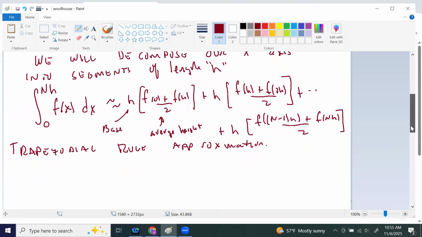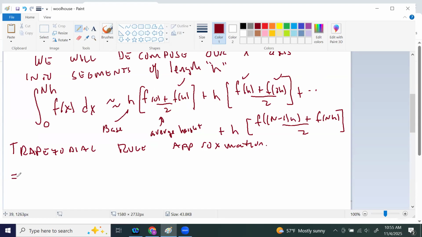Now, what we can notice here is that these two terms belong to two of the trapezoids, as will this. The only ones that don't are the first term and this one here.